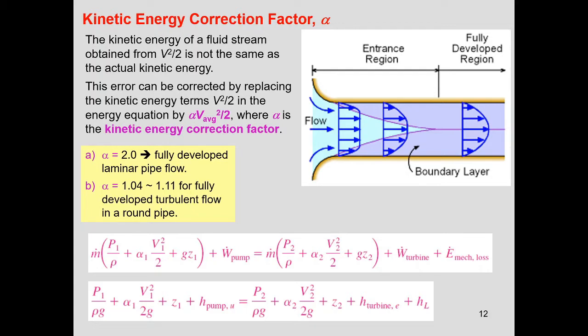Normally alpha is 2.0 for fully developed laminar pipe flow, or alpha can be between 1.04 and 1.11 for fully developed turbulent flow in a round pipe. But the value for the kinetic energy correction factor will be given in any equation.